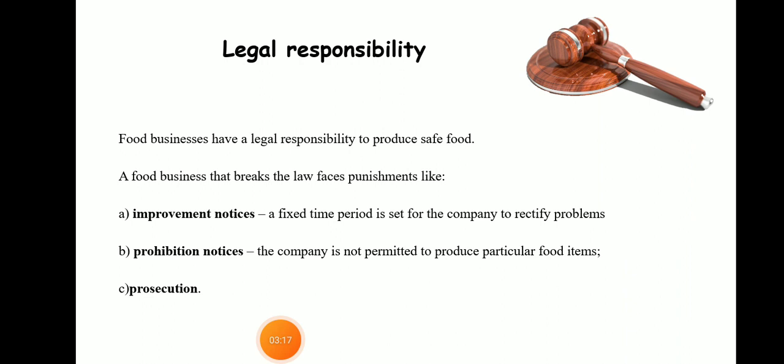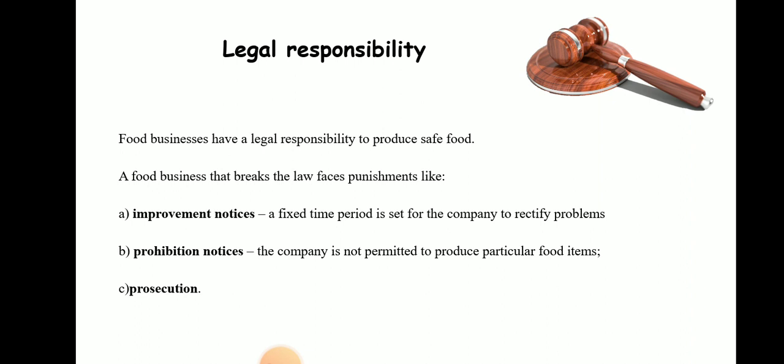Now, all the food businesses that are involved in manufacturing food products have a legal responsibility to produce safe food. In case they break the law, they will face various punishments such as an improvement notice, a prohibition notice, or even prosecution. An improvement notice sets a fixed time period for the company to rectify the problems.